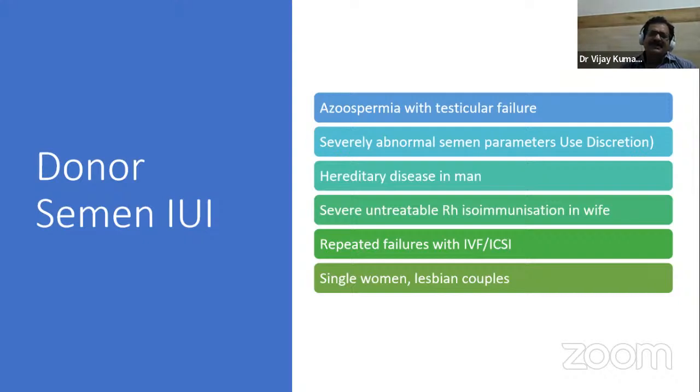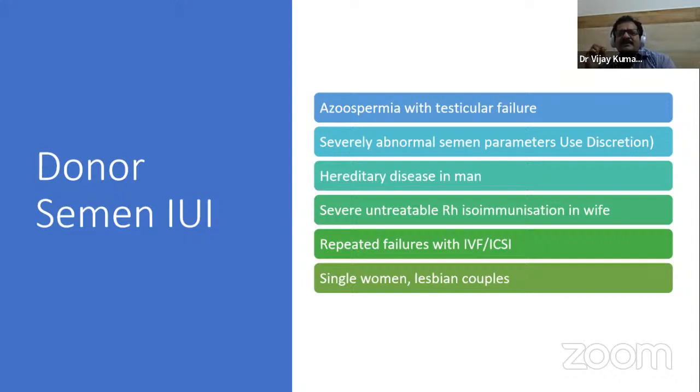The indication being azoospermia with testicular failure. See, azoospermia can also be because of hypothalamic hypogonadism. In such cases, we can treat. But if there is a testicular cause for azoospermia, it cannot be treated. In such cases, it's better we take the donor sample. But before that, we can even try PESA-TESA in order to retrieve the husband's sperms.